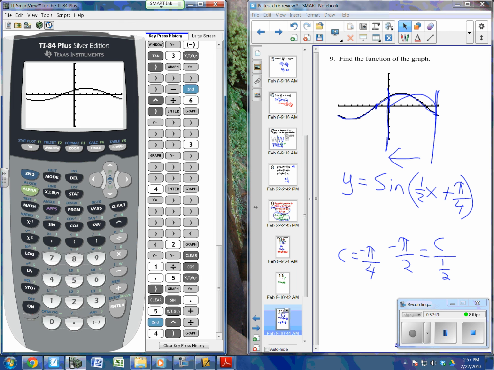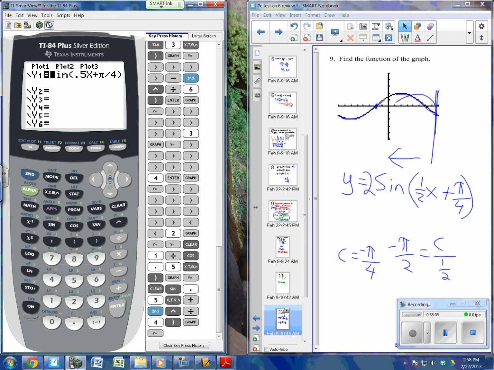The only difference is, oh wait, this has an amplitude of 2 as well, doesn't it? Forgot about amplitude. Okay, so I should have an amplitude of 2 right here. Is that 2 or 3? I'm having a hard time seeing it. 2.